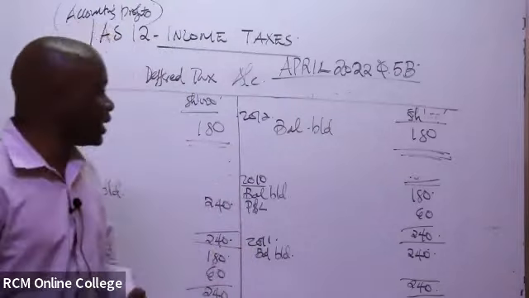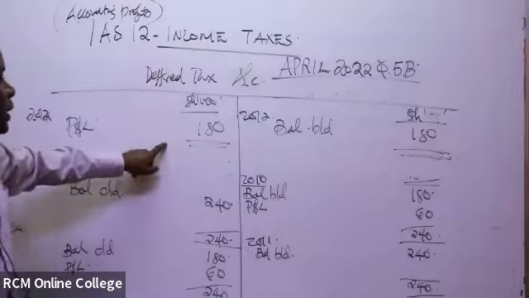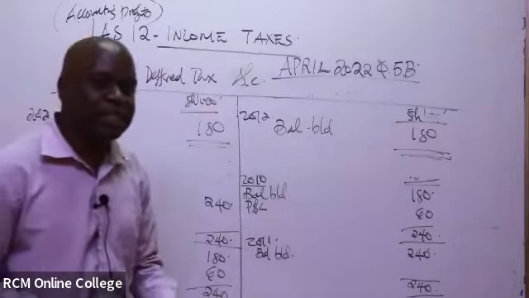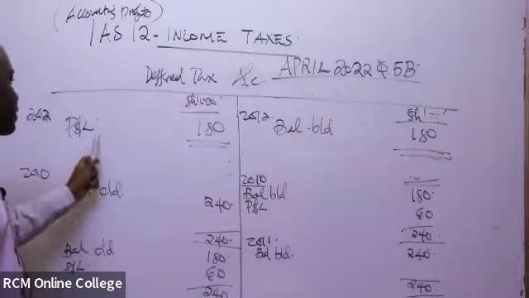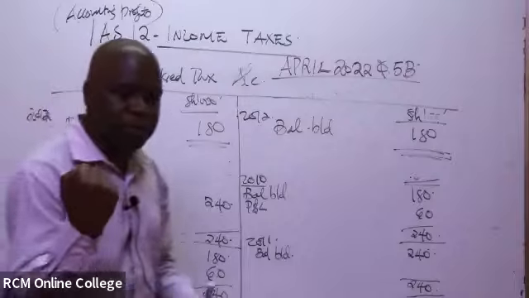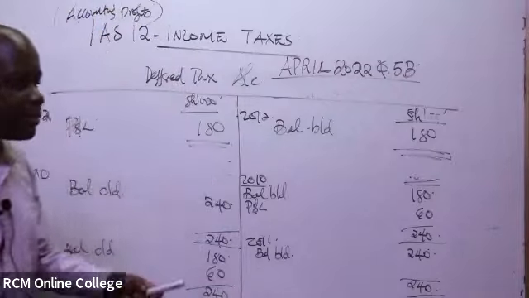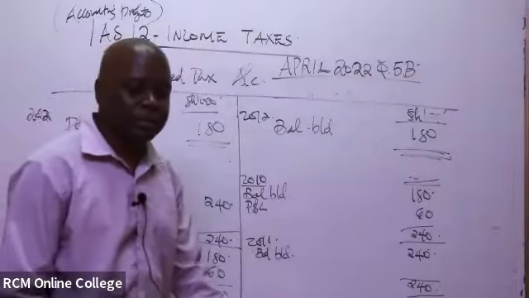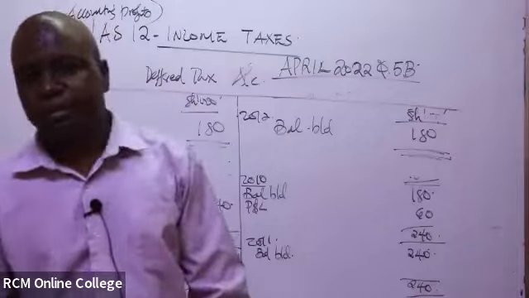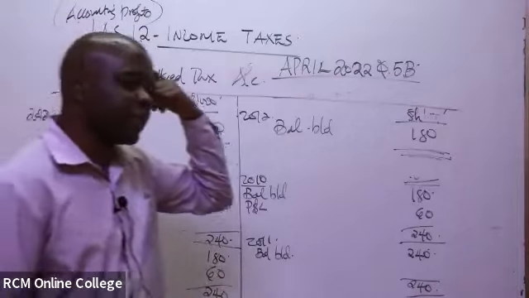So in double entry, when there's one account having to be debited, there's another one having to be credited. Of course, the one having to be credited is the income statement. All credit entries in the income statement are incomes. This one will go there as an income. So if you're debiting this account, you need to ask yourself, which other one is being credited?